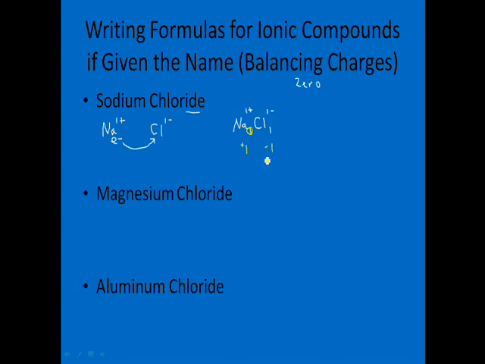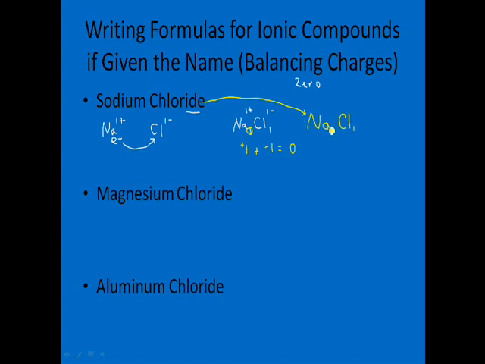Remember, our goal here is 0. If I take one thing that's positive 1 charge and I add it to one thing that's negative 1 charge, their overall charge comes out to 0. So looking at the ratios here, it's a 1 to 1, sodium 1, chlorine 1, and by the very fact it's written there, I know it's 1. So the formula for sodium chloride is NaCl.